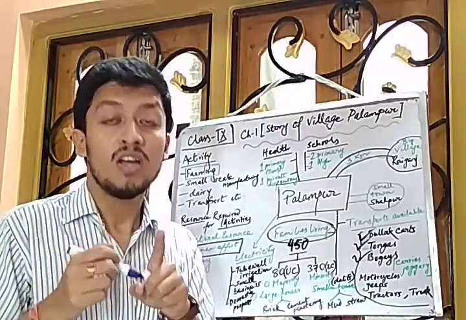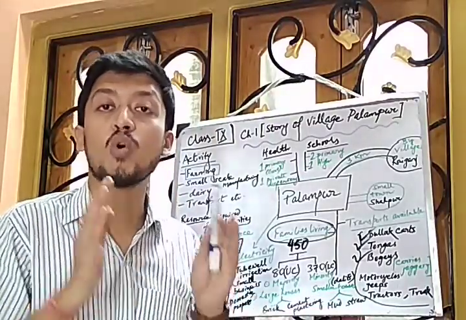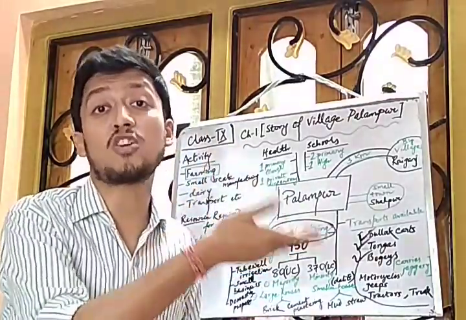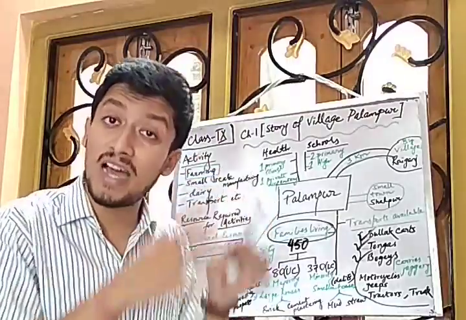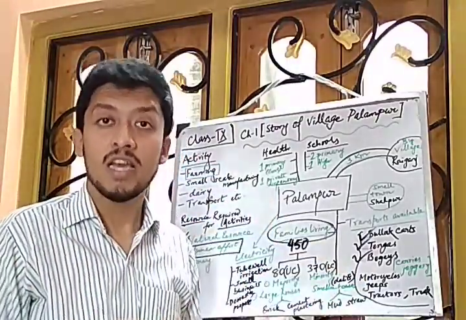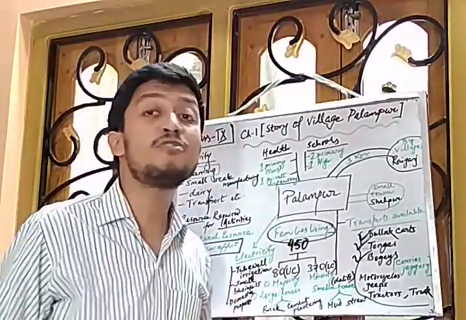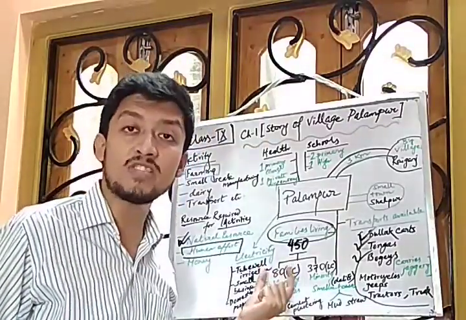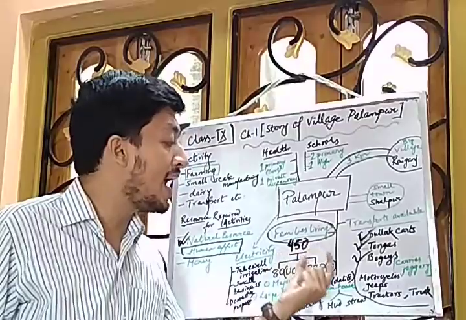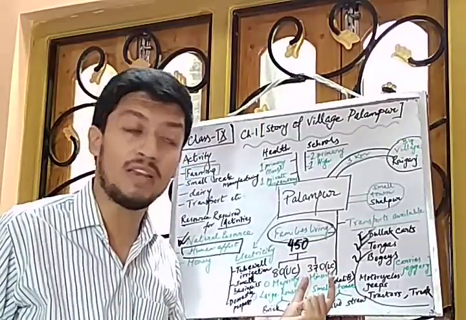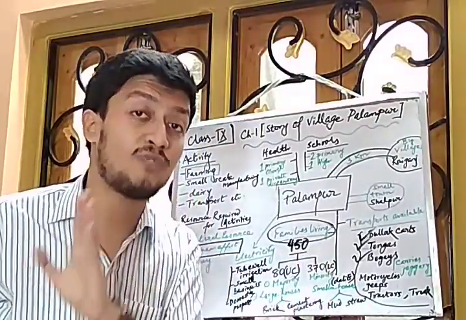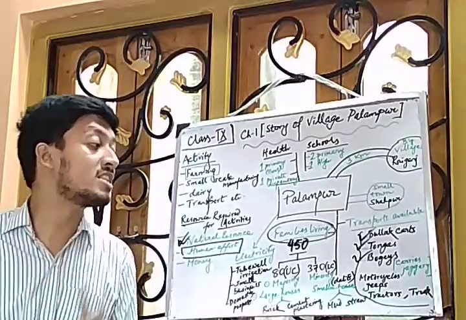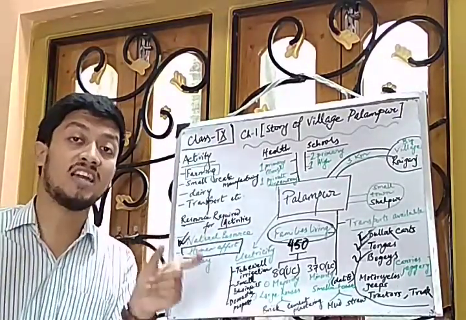I guess you all know the majority class refers to the upper class of people, or upper caste or class or creed of people, those who comprise the majority in every society. There also, the 450 families were divided into 2 segments. One is 80 families were the upper caste families, while on the other hand 370 families were the lower caste families. So these 80 families and 370 families were the 2 segments of categorization of family.